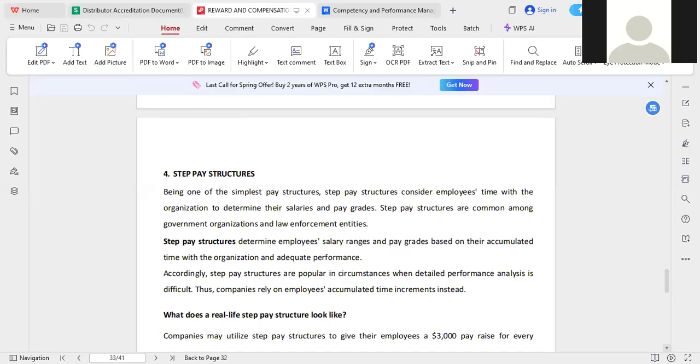Step pay structures are common among government organizations and law enforcement systems. So step pay structures determine employee salary ranges and pay grades based on accumulated time. Okay, so this pay is based on time. If you work X amount of time, you are paid based on that amount of time that you have worked.